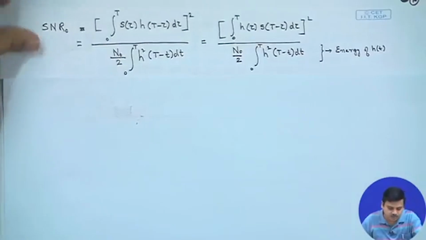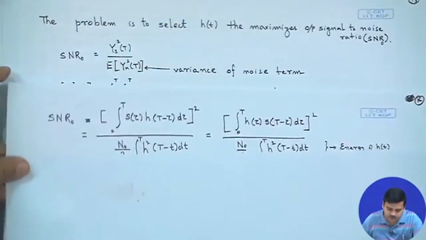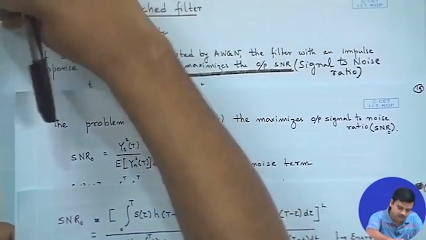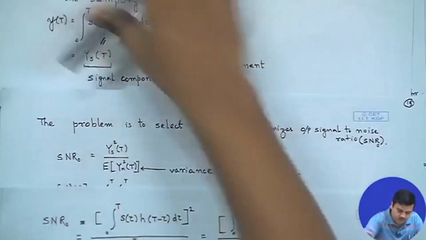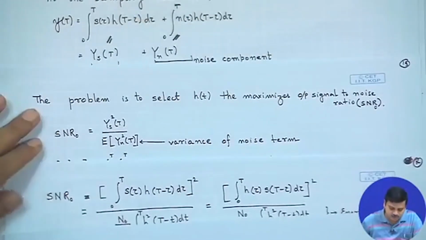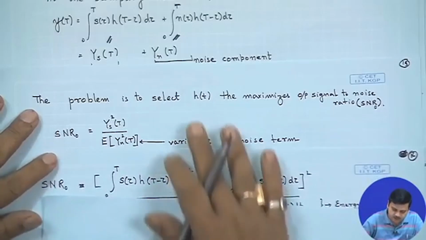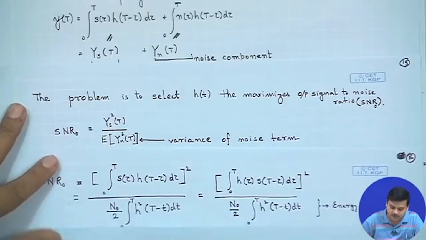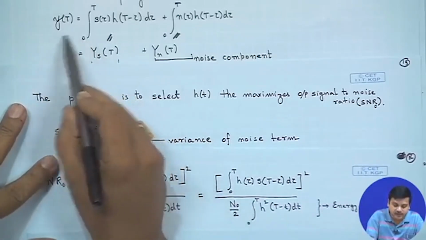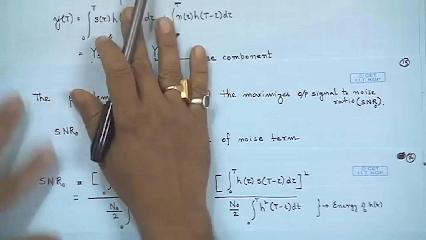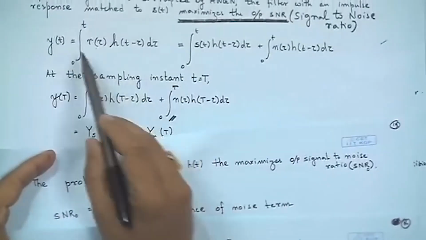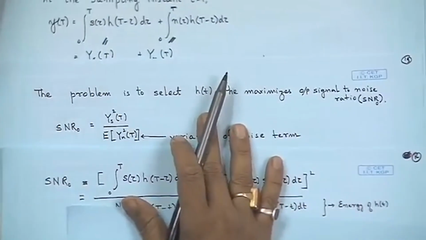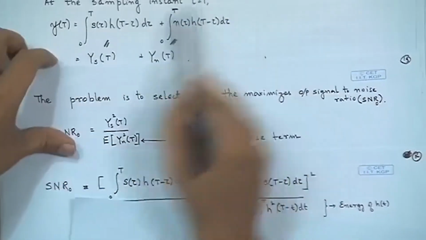So, the SNR output. We of course have to refer to this expression, and if we can look at these few expressions, we almost have it with us. We had defined the received signal R of t broken into S and N, and then we broke these into two integrals.